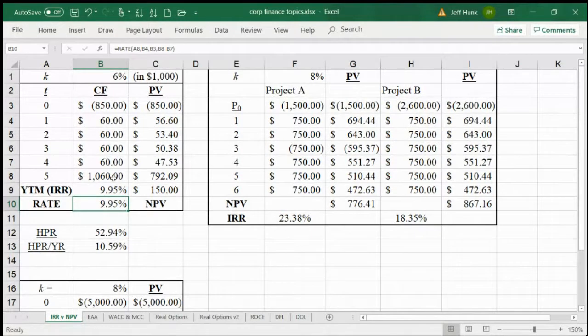Now, in this example, this is a special example. Why? Because in this example, the future cash flow is all even. In other words, it's always a regular amount. That's why it is annuity. So this is more like a bond.